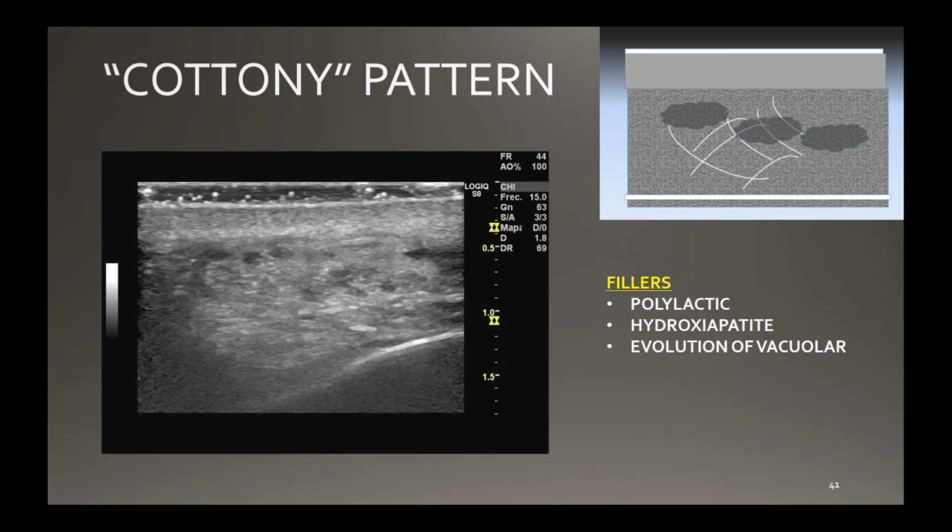This cottony pattern is the evolution of another kind of pattern, this evolutive pattern of hyaluronic acid, of the reaction to any kind of fillers. We have this kind of dirty image in the subcutaneous tissue that blurs the dermal-subdermal junction. You can see some vacuoles that are also related to the previously implanted filler.